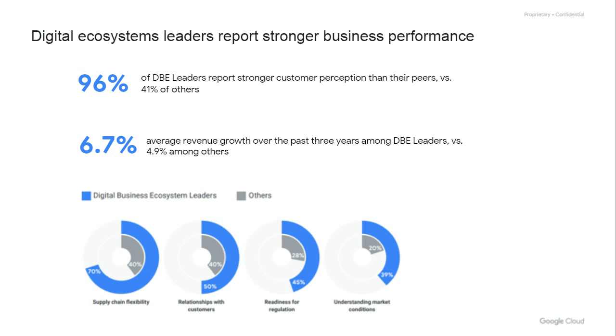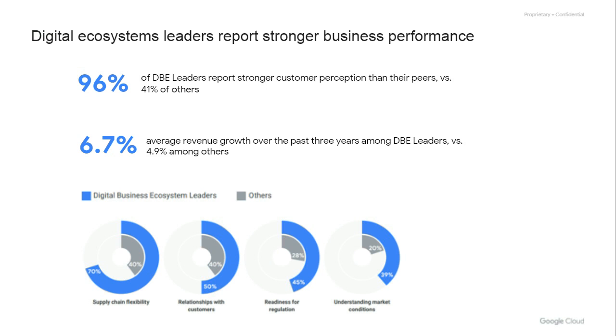For example, 96% of those leaders reported strong customer perception, compared to their peers, who reported only 41%. And digital business ecosystem leaders reported 6.7% average revenue growth compared to 4.9% among those who have not done any digital ecosystems.